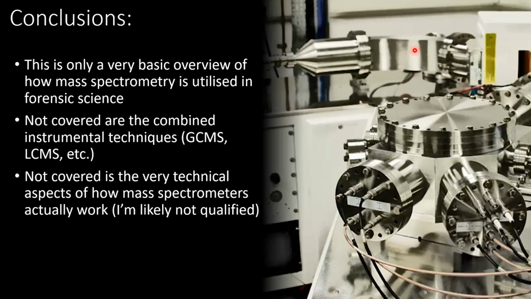It's very rare, I would say, that you have a mass spec sitting alone by itself, all lonely on the bench. Usually you're going to have other instruments that can do purification that lead into the mass spectrometer and then do the assignment of what the unknown chemical species are. I also haven't covered at all the very technical aspects of how mass spectrometers actually work, and I'm likely not even qualified to do that.